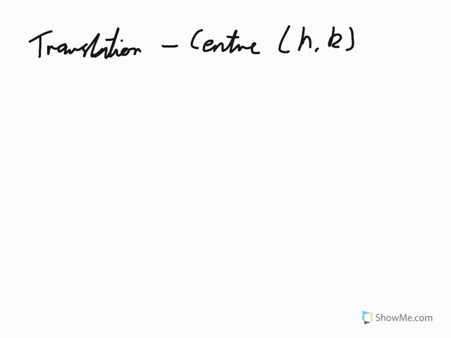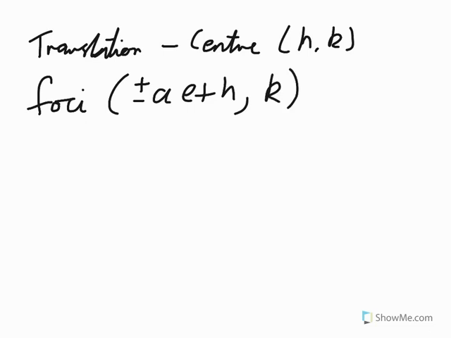If it's got the centre H and K, then we've got foci, and the foci are plus or minus AE plus H, there's the translation, and K, there's our translation.